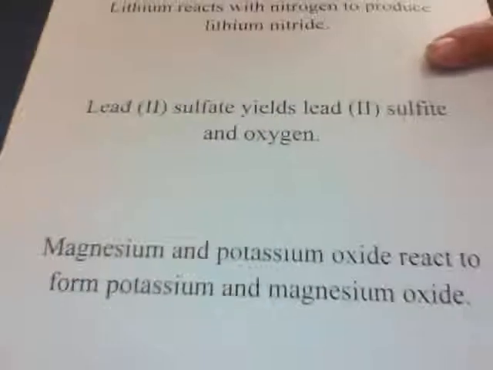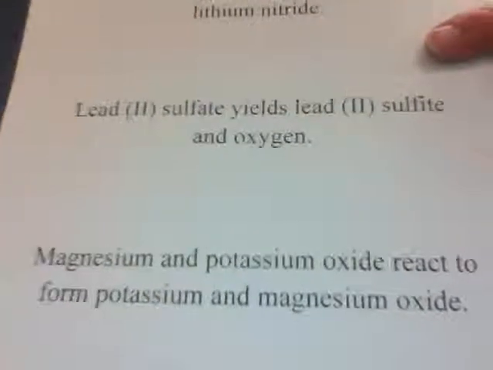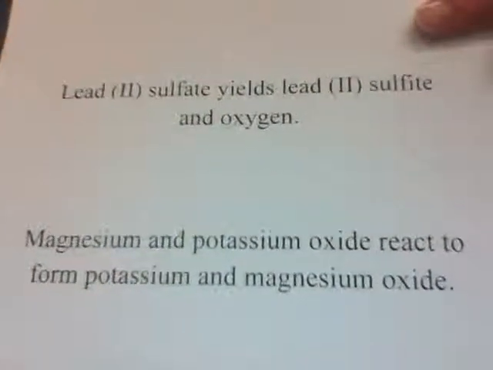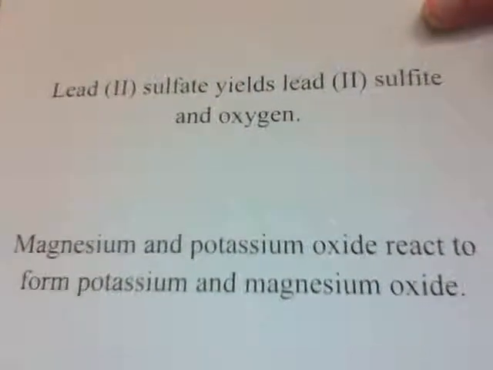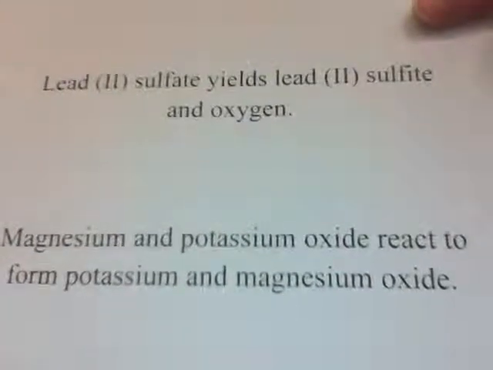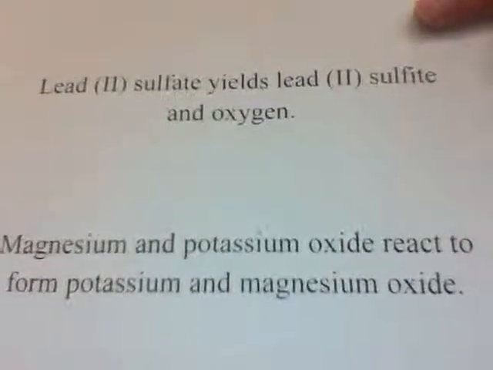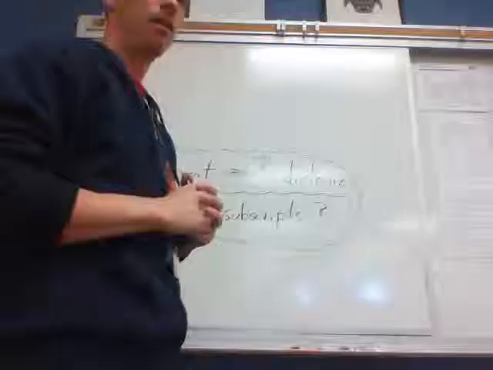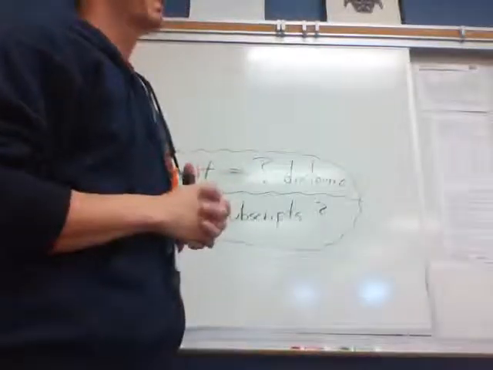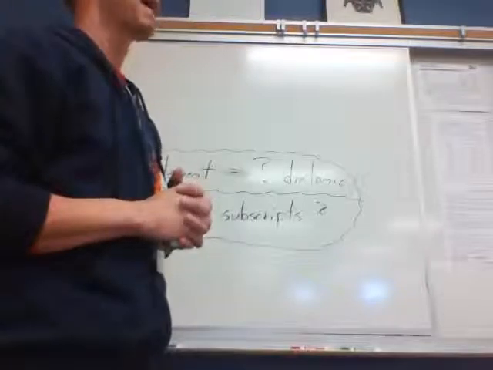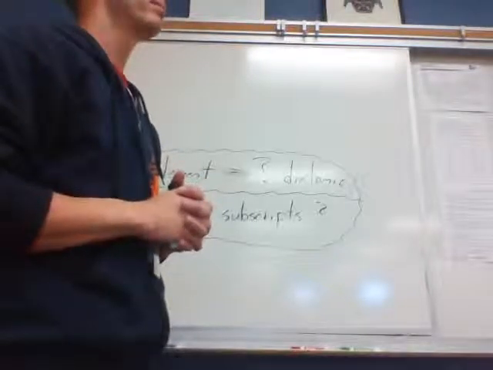Let's do another. Here's our next example. The magnesium one. Magnesium and potassium oxide react to form potassium and magnesium oxide.